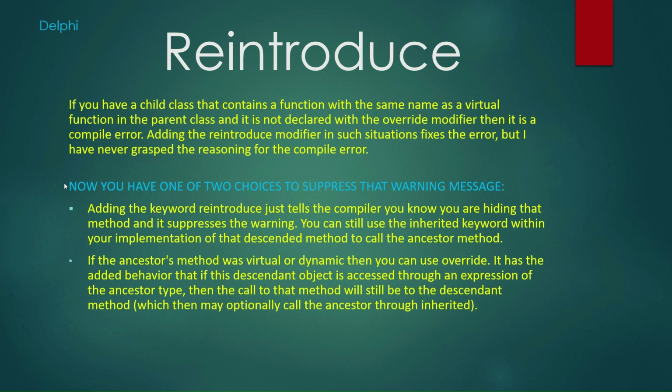Now you have one of two choices to suppress that warning message. The first is we can use the reintroduce keyword. Otherwise, we can override that method, that is, declare the same method that is declared as virtual or dynamic in the parent class.